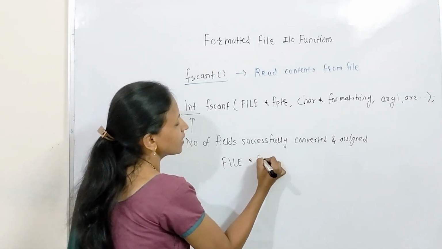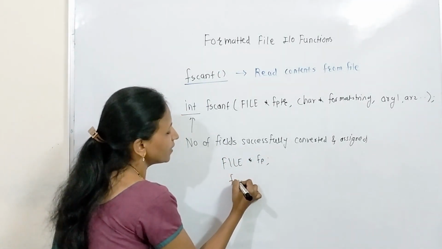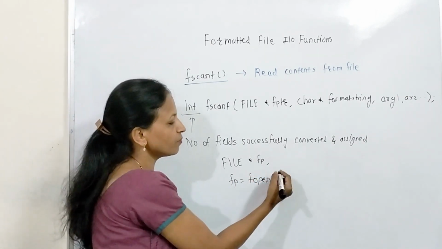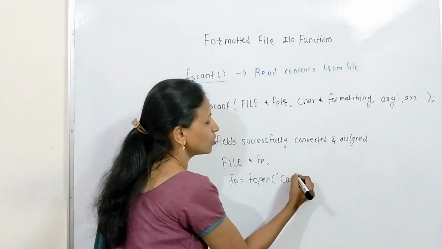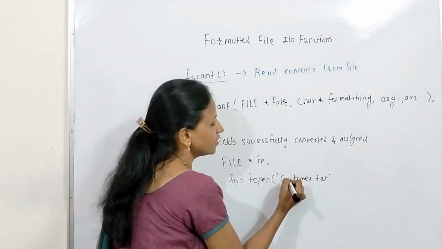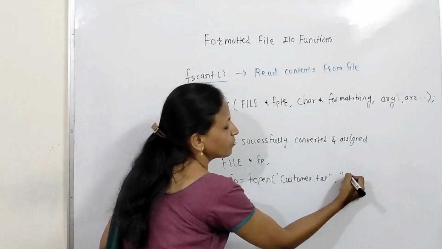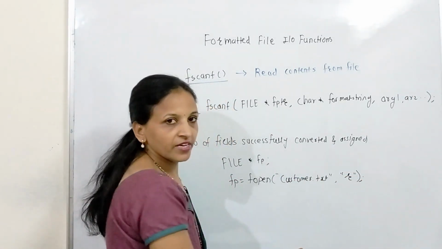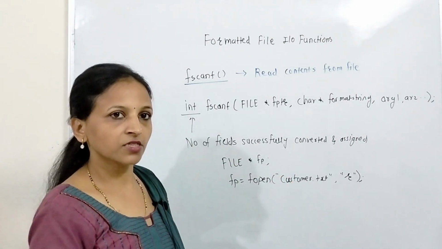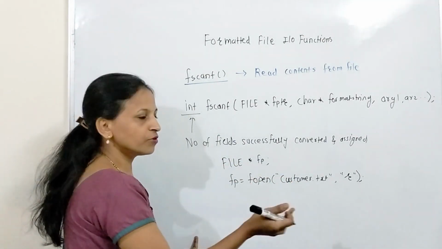FILE star fp, where fp equals a call to the fopen function. Here the name is again customer.txt, and we have to open this file in read mode because I want to read contents from the file now. Let's say we have written the first record inside that customer file. Now I want to read that.